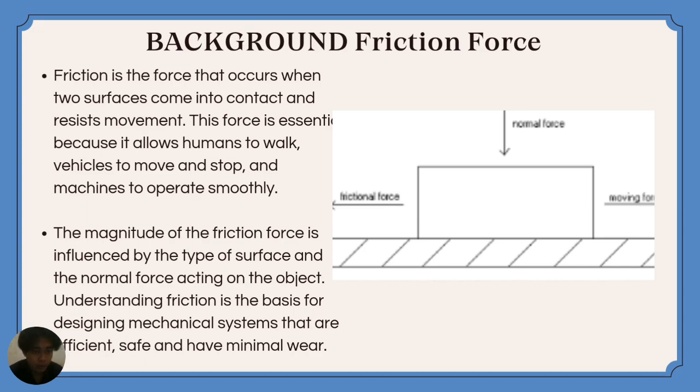The magnitude of the friction force is influenced by the type of surface and the normal force acting on the object. Understanding friction is the basis for designing mechanical systems that are efficient, safe, and have minimal wear.